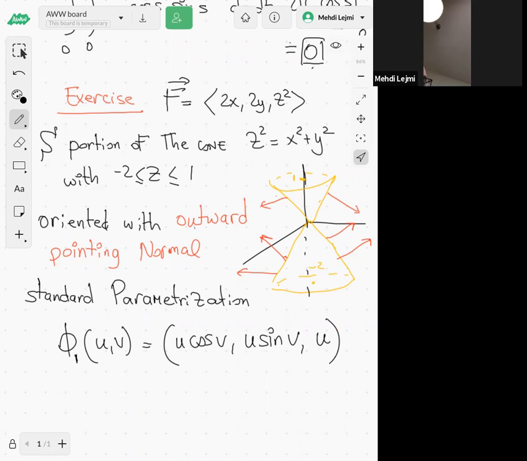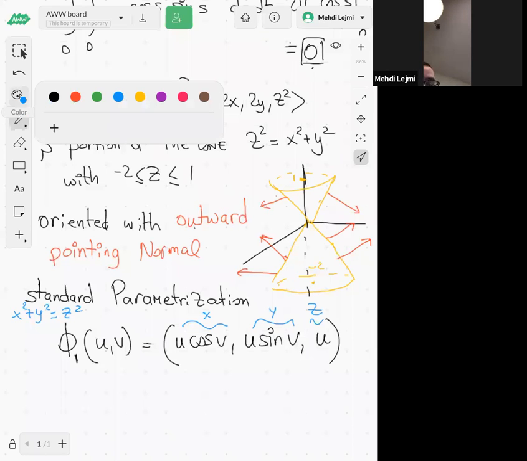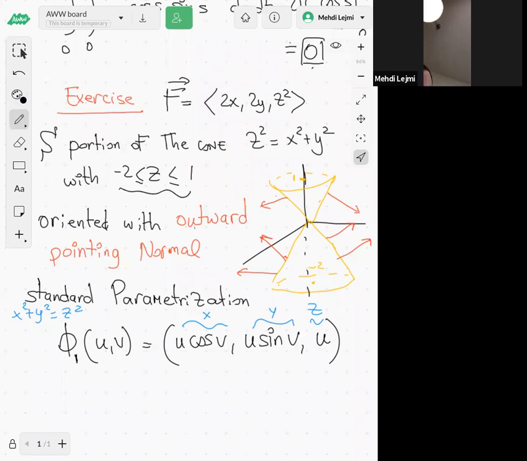That's because if this is your x, y, and z, then x squared plus y squared is z squared. And for the domain, z is u, and z must be between -2 and 1, so u must be between -2 and 1, and v is just the angle. Because it's the whole cone, the angle is between 0 and 2 pi.